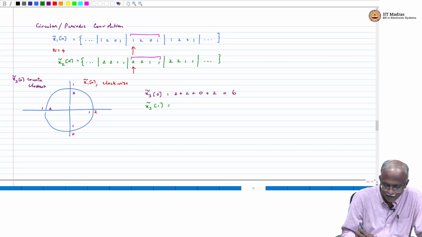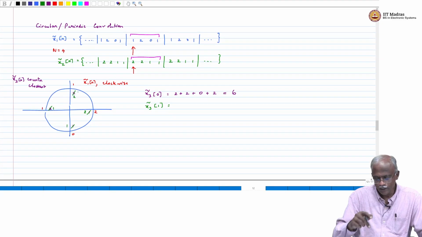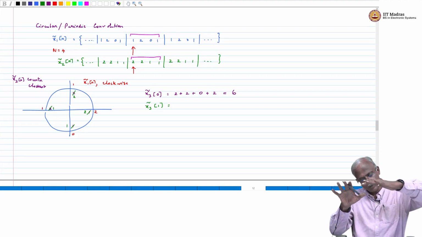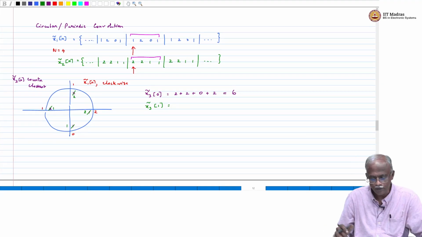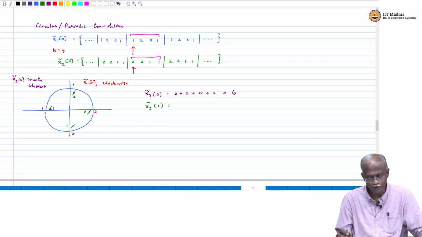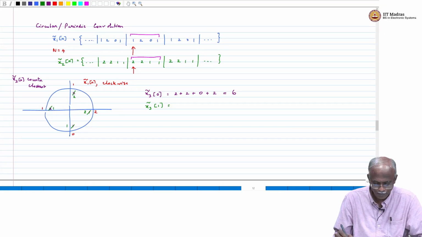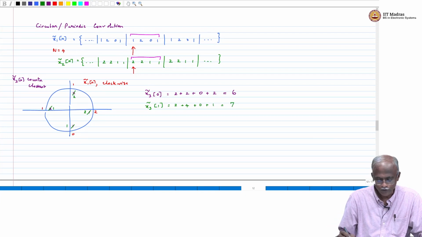For the first shift, this 2 came over here, this 1 went over here, this 1 went over here, and this 2 came here. Let's compute that: 2 times 1 is 2, 2 times 2 is 4, 1 times 0 is 0, 1 times 1 is 1. This gives us a value equal to 7.